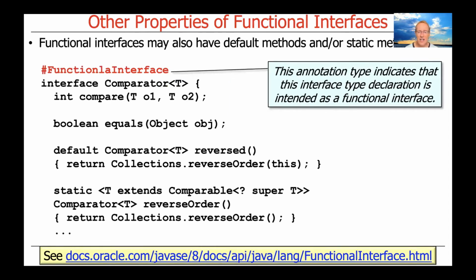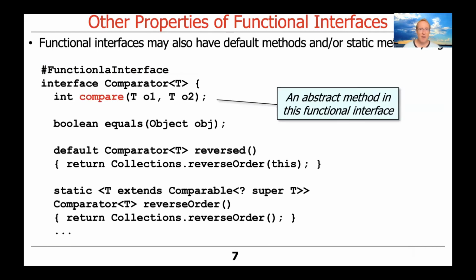And this annotation, which is spelled incorrectly, it should be FunctionalInterface, is basically an annotation that instructs the compiler that this is intended to be a functional interface, and therefore the compiler can do a little bit of sanity checking to make sure you haven't done something amiss with your definition of the functional interface. So here's the abstract method that's important in this particular functional interface.